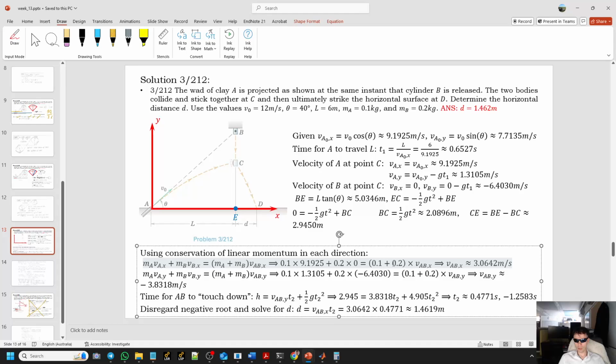So 0.1 plus 0.2, okay? And you will find the velocity of these two items as a VA. I called it VAB, okay?